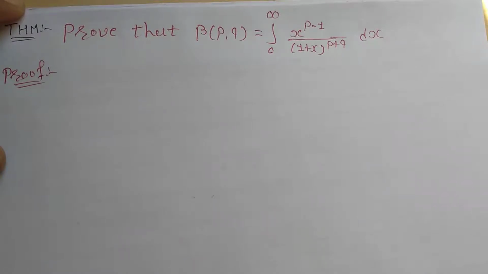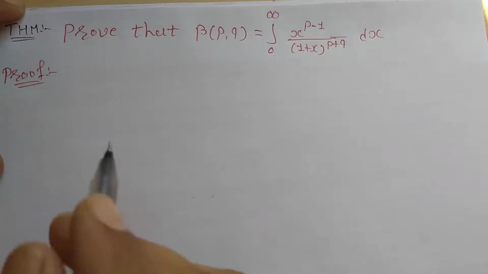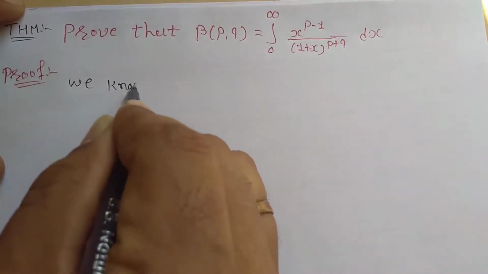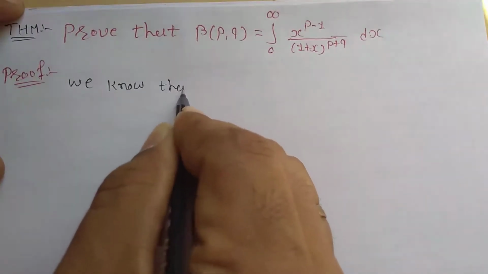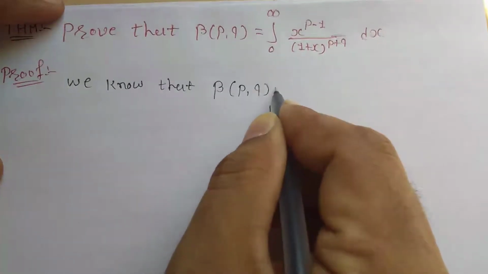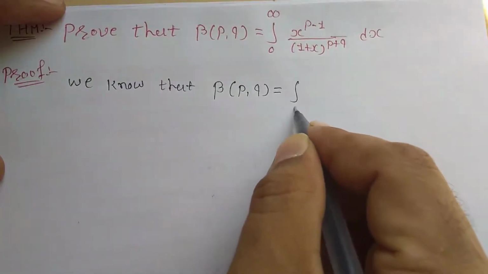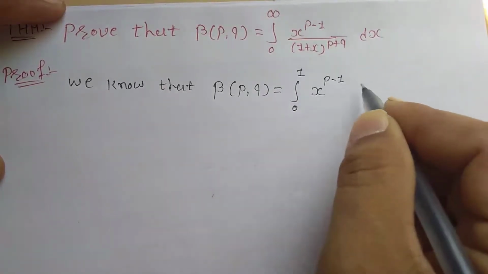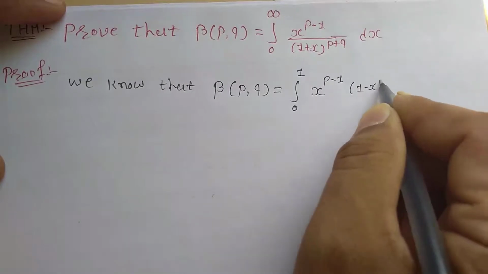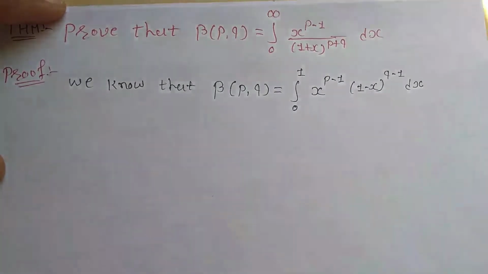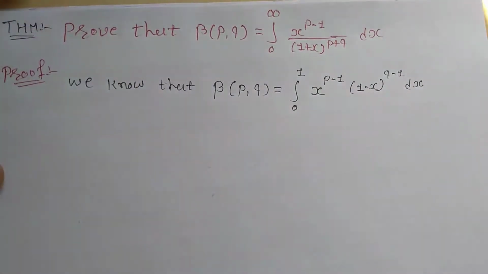First, using the definition of beta function, we know that beta of p comma q is equal to integration 0 to 1 x raised to p minus 1 into 1 minus x raised to q minus 1 dx. This is our definition of beta function.